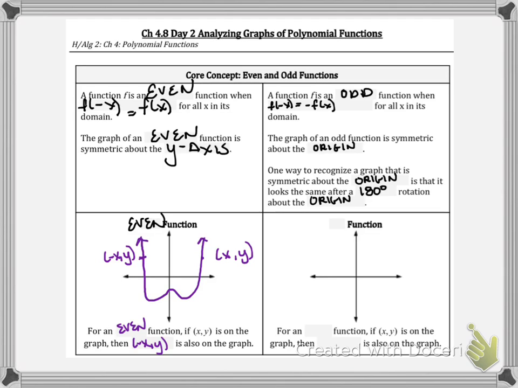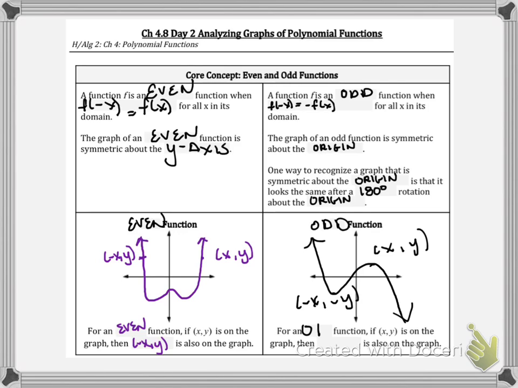Let's take a look at an odd function. So it could be something like this. So for an odd function, if we plug in (x, y), positive x, positive y, then if we plugged in a negative x, we would get a negative y.